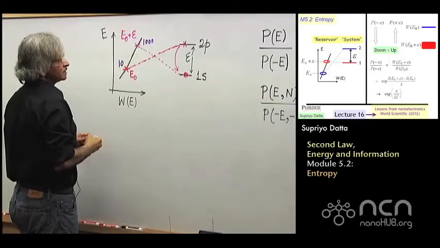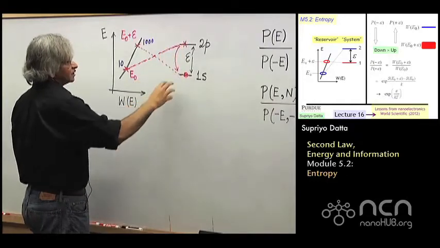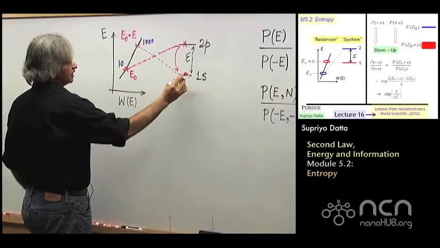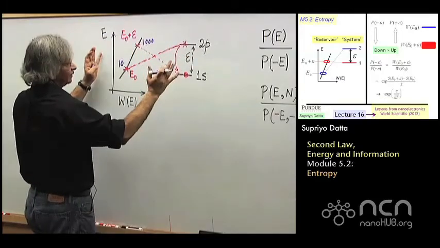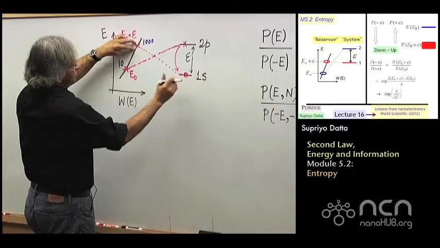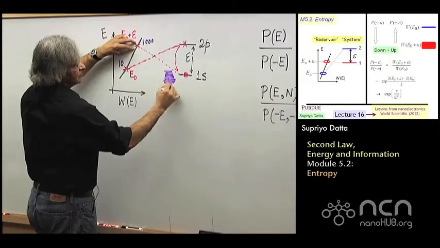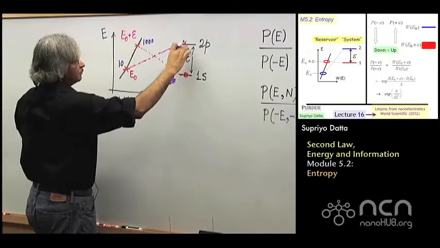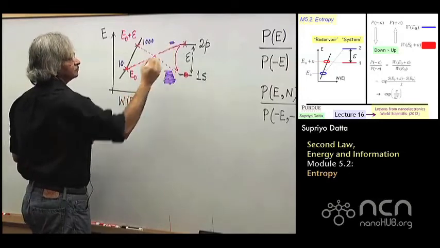So when you're trying to come down to this, it's like you have 1,000 of these states. Because when you think of the system and the reservoir as one big thing, here this is one level, but it's associated with 1,000 things here. Lots of states here. Whereas when it is up here, there's only 10 states, just a few.